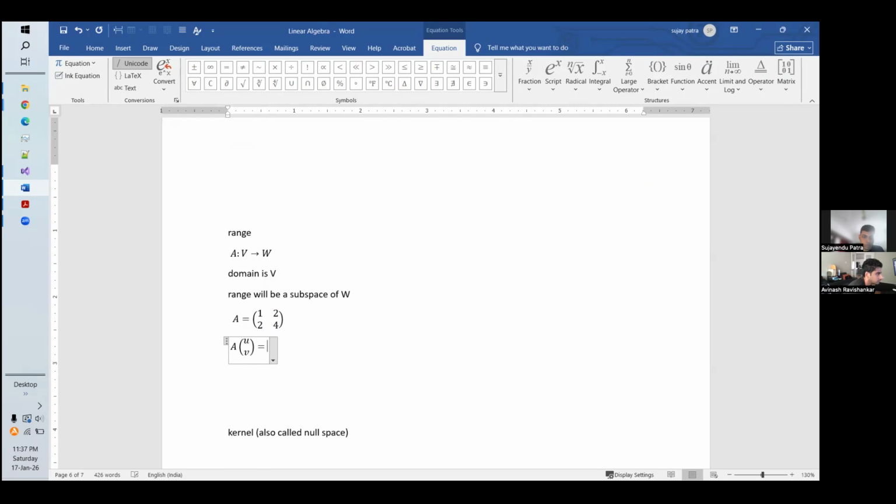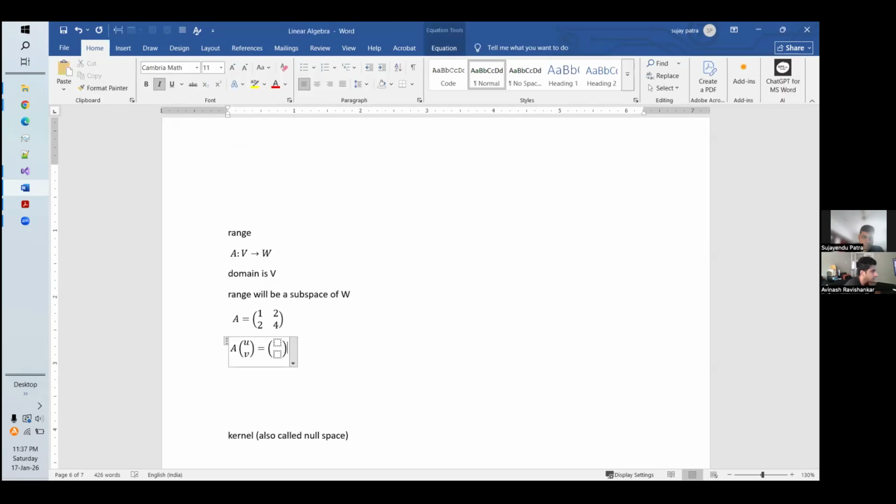Let's calculate what this will be. You multiply this matrix with this vector, and again we'll have a vector as output: 1u plus 2v, and then 2u plus 4v. So I'll write u plus 2v, and 2 times u plus 2v.